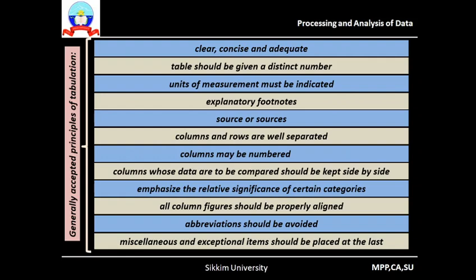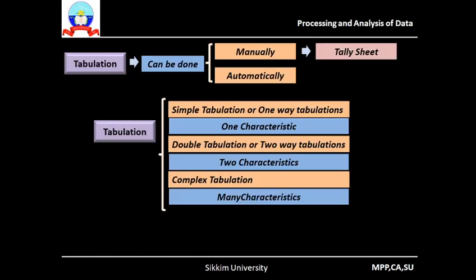All column figures should be properly aligned. Abbreviations should be avoided. Miscellaneous and exceptional items should be placed last. So these are some of the generally accepted principles related to tabulation.